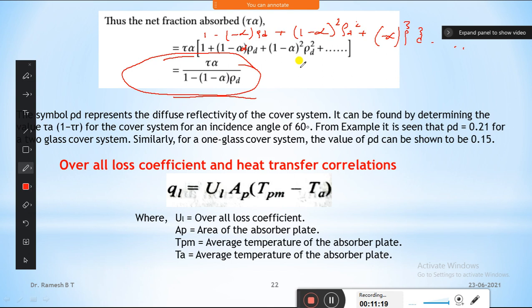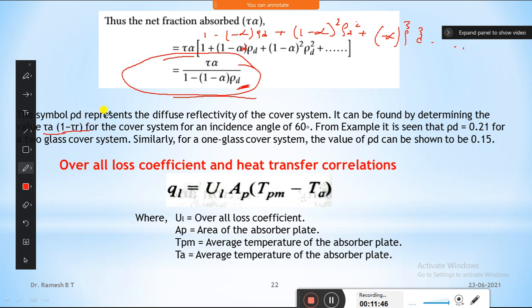And the symbol rho d represents the diffuse reflectivity of the cover system. It can be determined by the value of tau a (1 minus tau r).